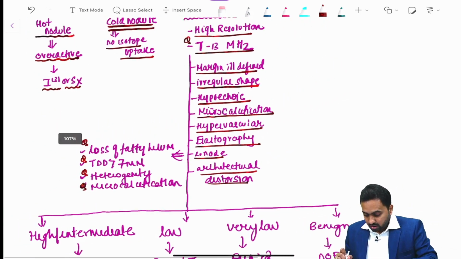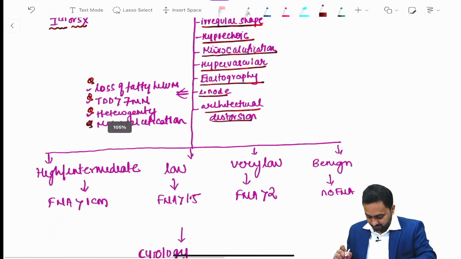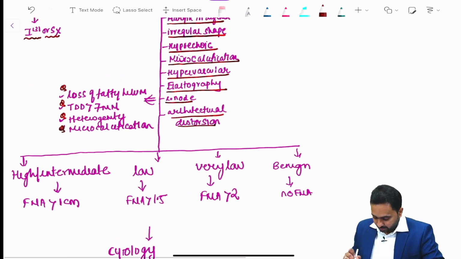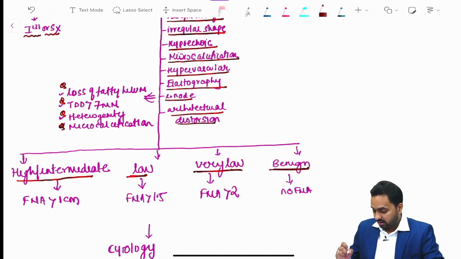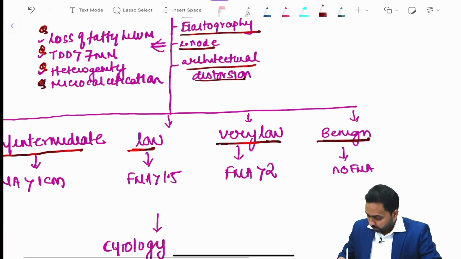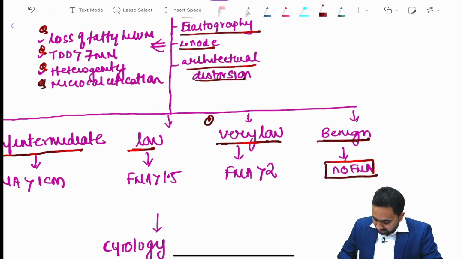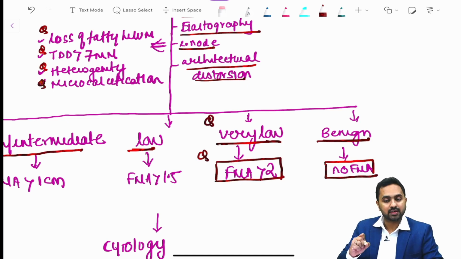Now on the basis of these ultrasound features, lesions are classified into high or intermediate category, a low category, a very low risk lesion or a benign lesion. In case of a benign lesion, we don't do fine needle aspiration cytology, whereas in case of a very low risk lesion, we do fine needle aspiration only if the lesion is more than 2 centimeter.